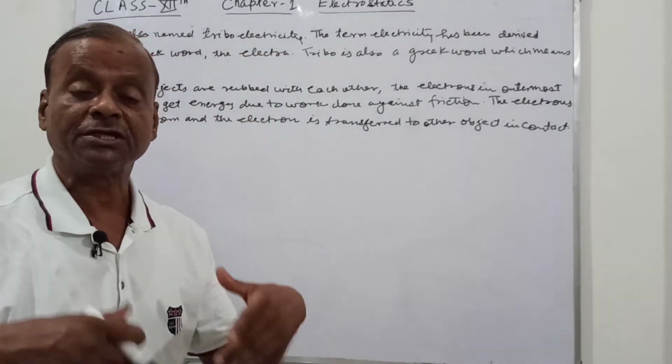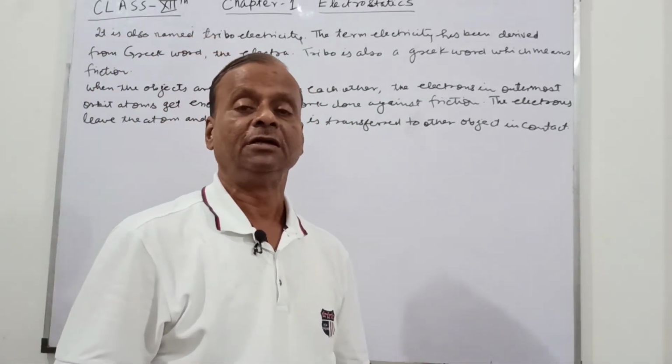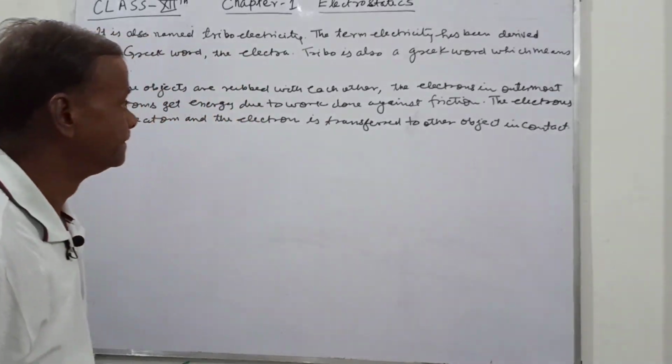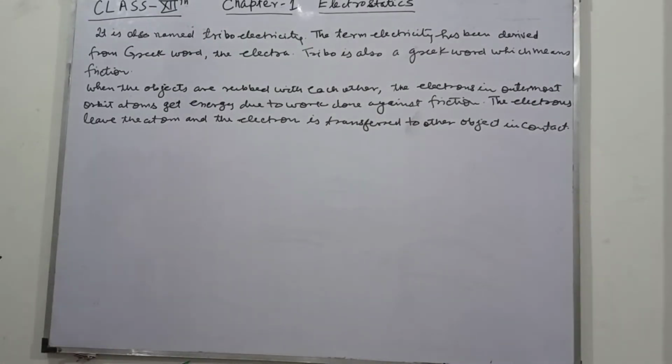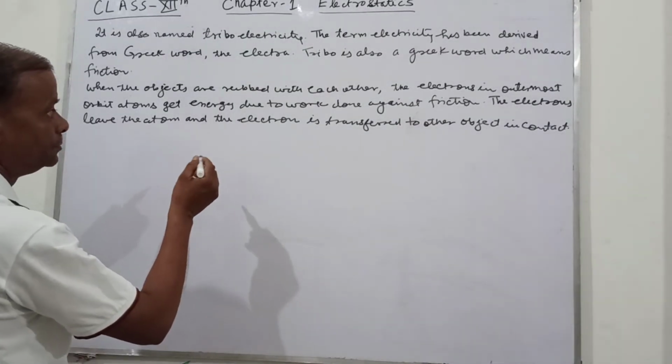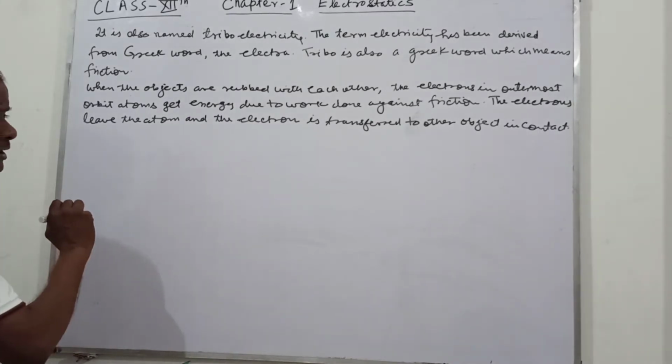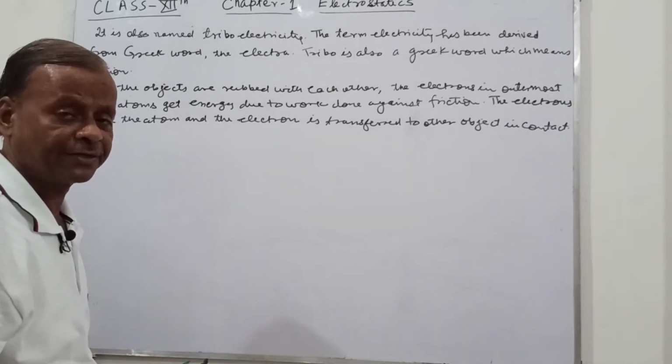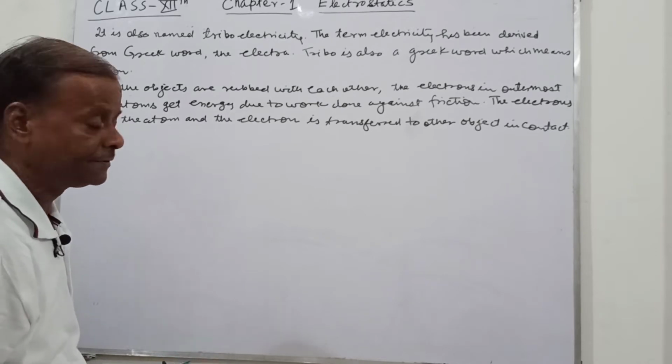The object which receives the electrons becomes negatively charged. There are so many examples of this static friction or frictional electricity.